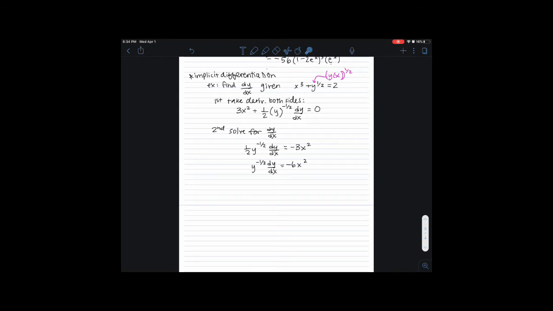And then finally I need to divide by this y to the negative 1/2, which would be 1 over y to the negative 1/2, but 1 over y to the negative 1/2 is just y to the 1/2. That's just some power rule stuff. Power rule as in the algebra sense, not the calculus sense. Anyway, I would get negative 6x squared times y to the 1/2. Oh, and I forgot. Oh yeah, we're good. Okay. So that would be your answer.